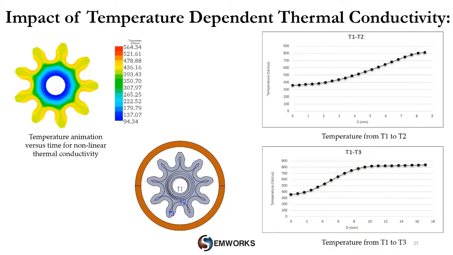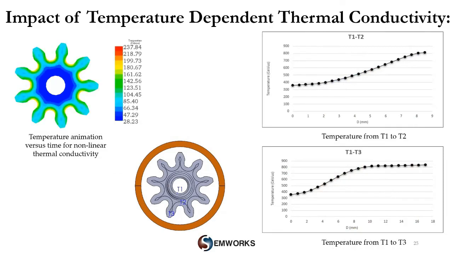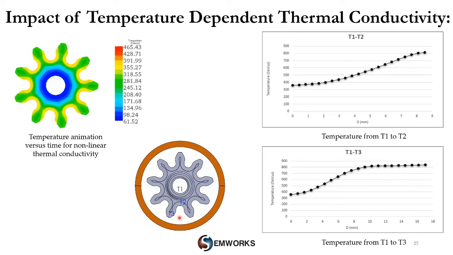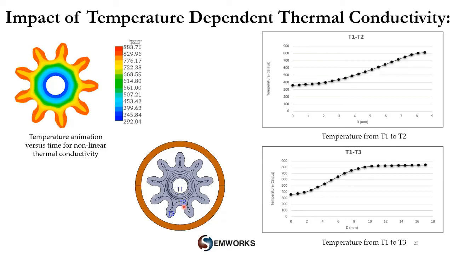From the same obtained temperature distribution, we selected 3 points, T1, T2 and T3, which are located respectively at the inner diameter of the gear hole, at the gear root and at the top tooth surface. The right plots are showing the temperature variation between T1 and T2 and between T1 and T3.